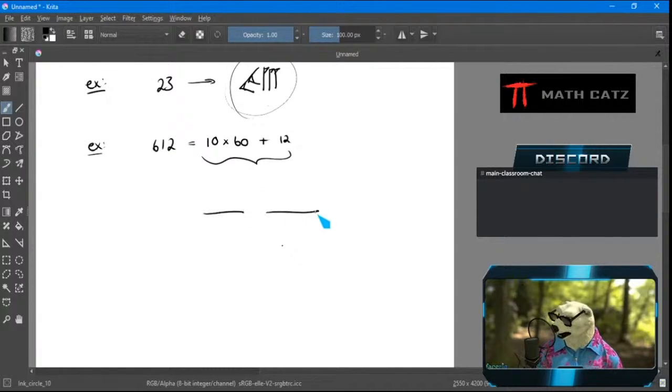Our Babylonian representation will have two places for the number of 60s and for the leftovers or the number of ones. We'll have 10 groups of 60, 12 ones left over.